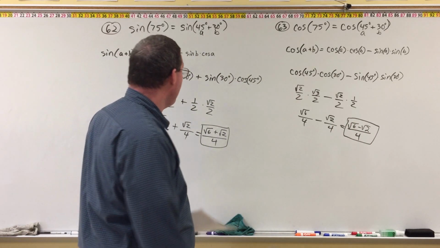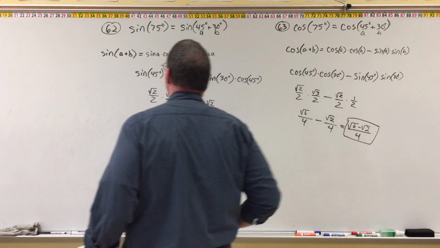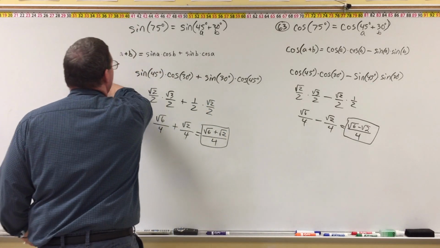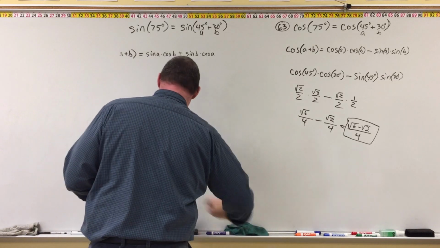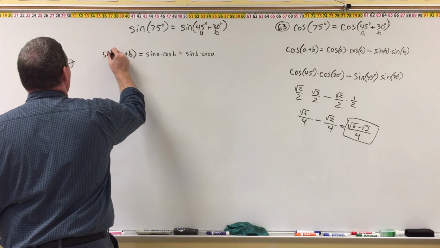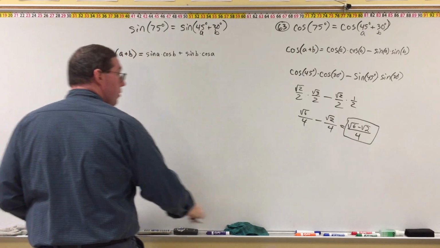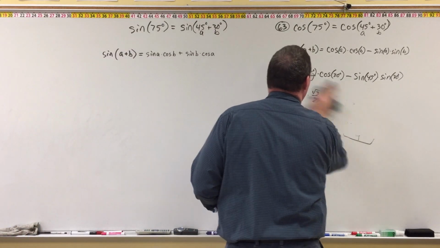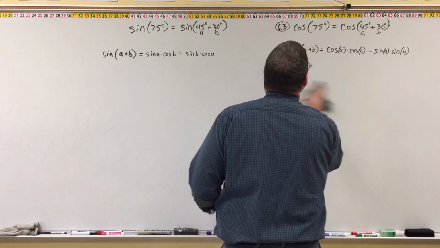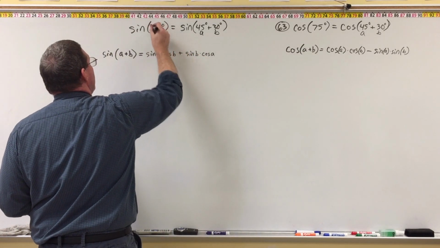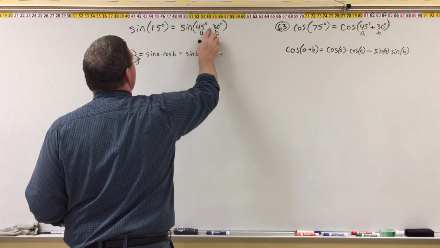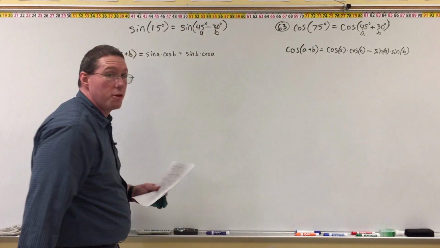Okay? Now let's do questions 64 and 65. Let's actually keep our formulas here. Now it's sine of 15 degrees. 15 is 45 minus 30.